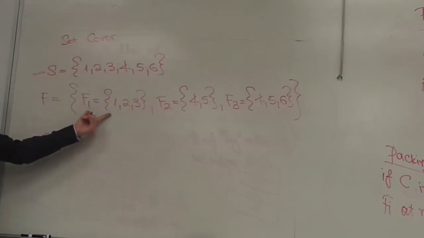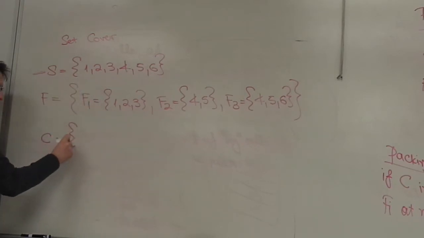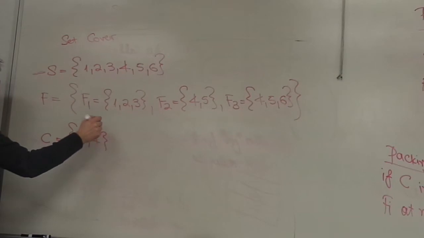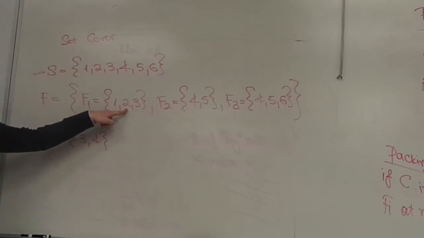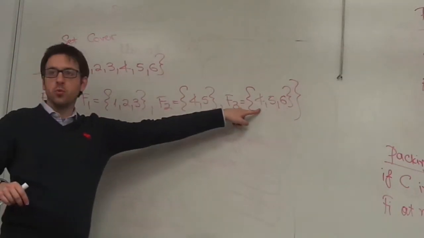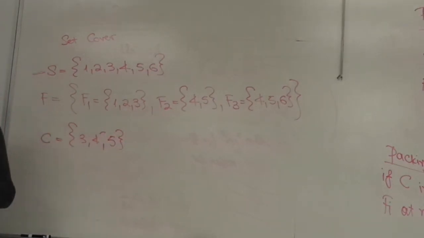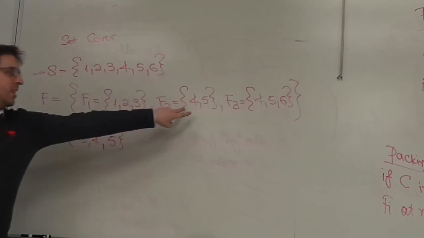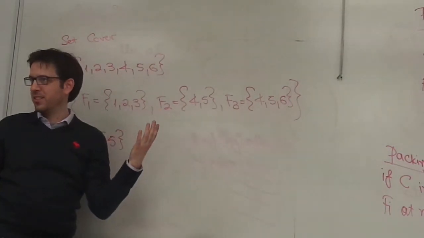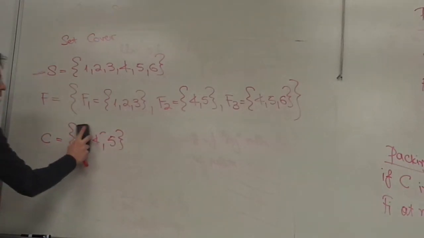So in this case, could I do 3 and 4? Does 3 and 4 cover hit it at least once? How about this one? At least once? How about this one at least once? How about this? Would it still be a cover? 3, 4, 5? Still a cover, right? At least once. So I hit 2 here and 2 here, but it doesn't really matter. Okay? Make sense? How about a partition?